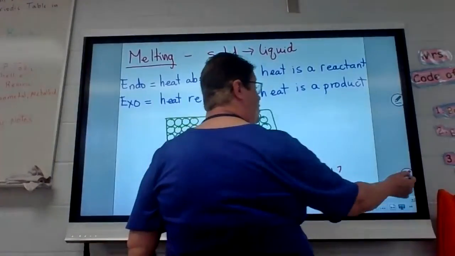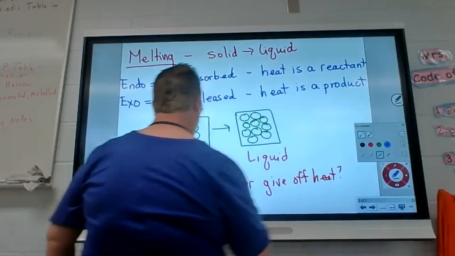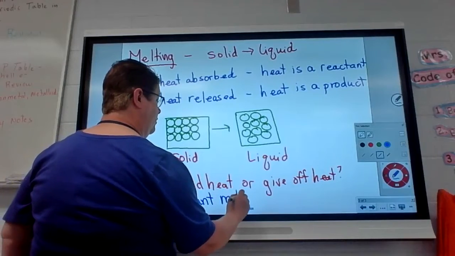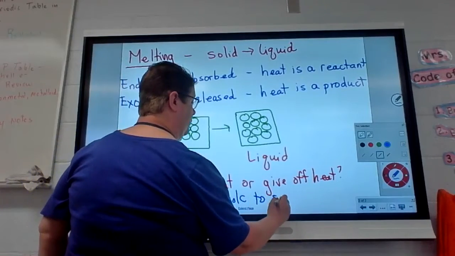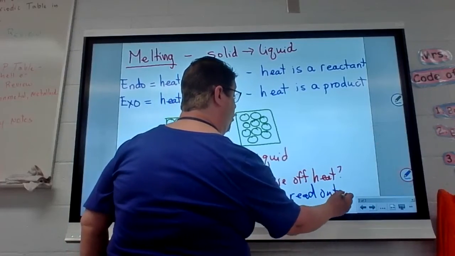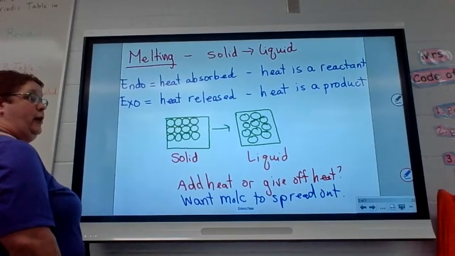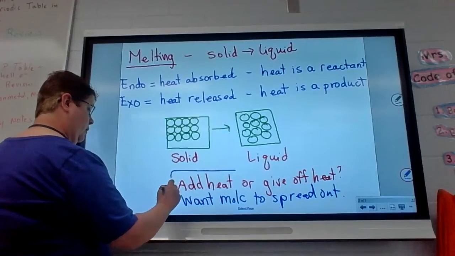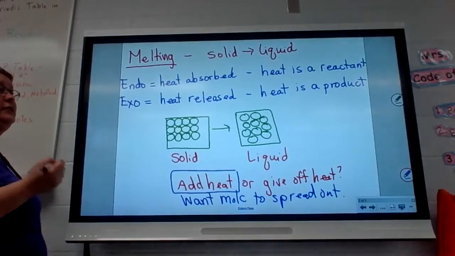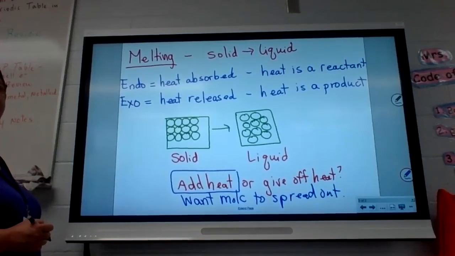This is what you want to think about in your head. We want the molecules to spread out. If we want them to spread out, what do we need to do? We need to add heat. If I need to add heat, what side does it need to go on?